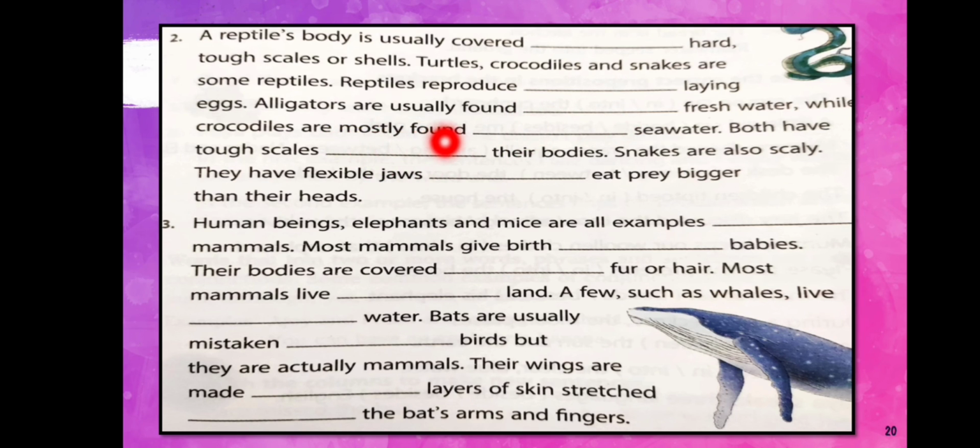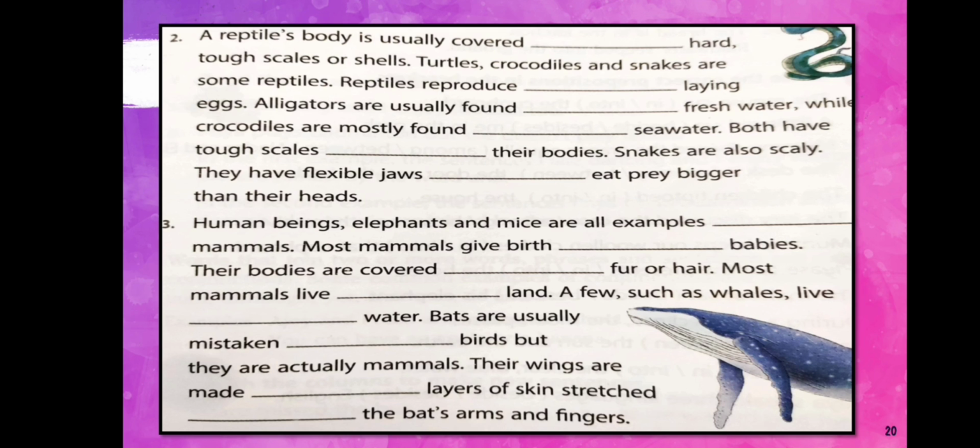Alligators are usually found in fresh water, while crocodiles are mostly found in seawater. So there also we have to use in. Both have tough scales on their bodies. Again it will be on their bodies.